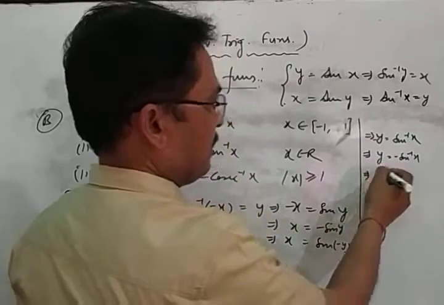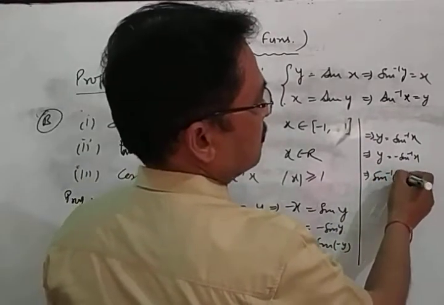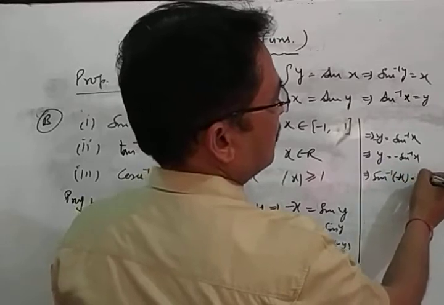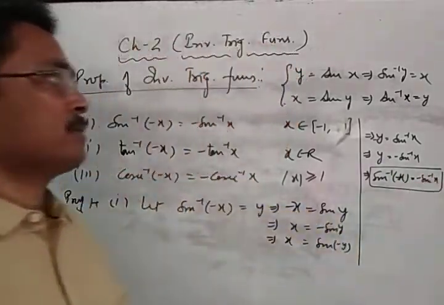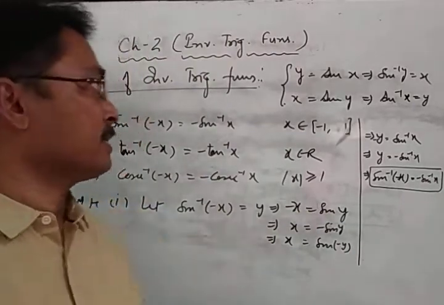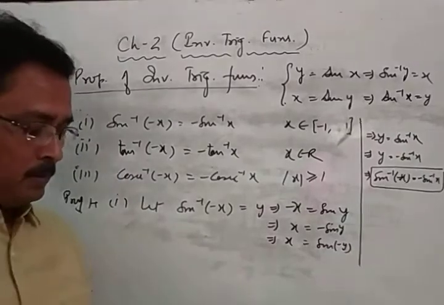In place of y we can write sin inverse of minus x. In this way, sine inverse of minus x equal to minus sine inverse x. Other two parts you can prove yourself. Now third.